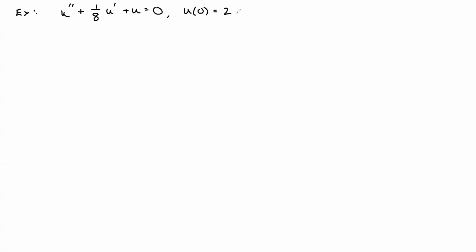All right, so suppose we have a situation that's given by the following values. If you look at this situation, we have the mass is 1, the damping constant is 1/8, the spring constant is also 1, you've got 2 initial displacement downward, and then no initial velocity.